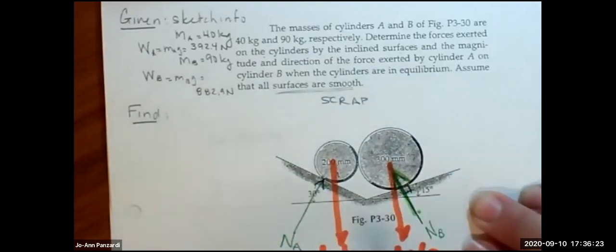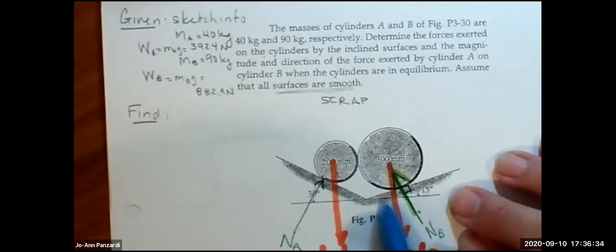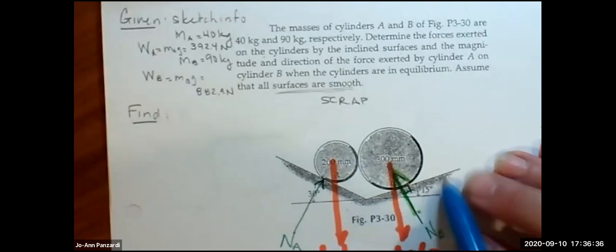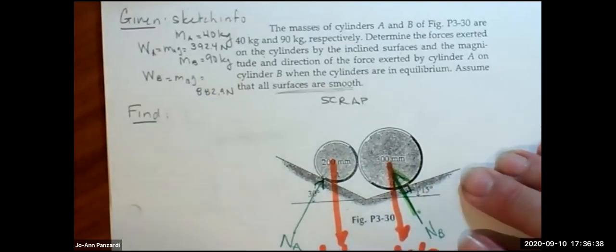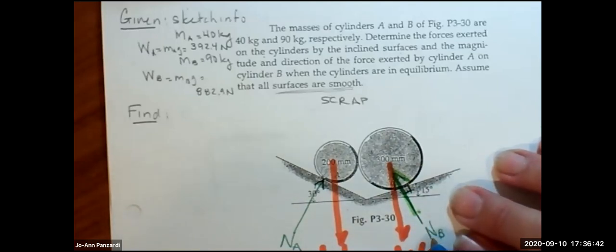And now, Hyoji, you're here, right? Here they're giving me an angle of 15 degrees that's from the horizontal to the surface. So where is this 15 degrees with the normal? It's between the normal and what?